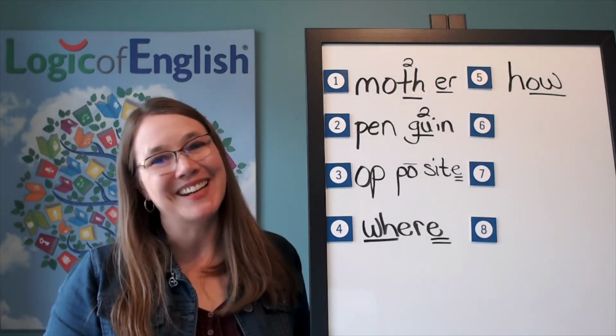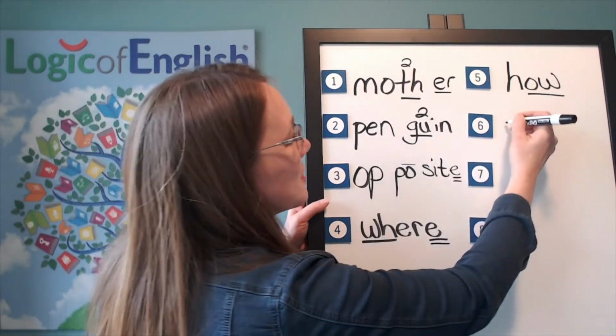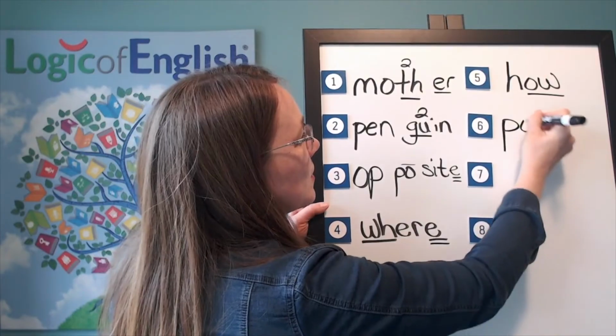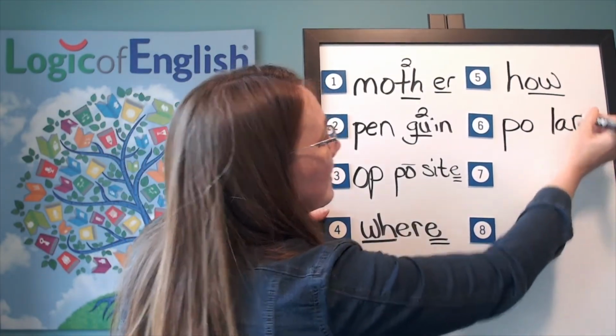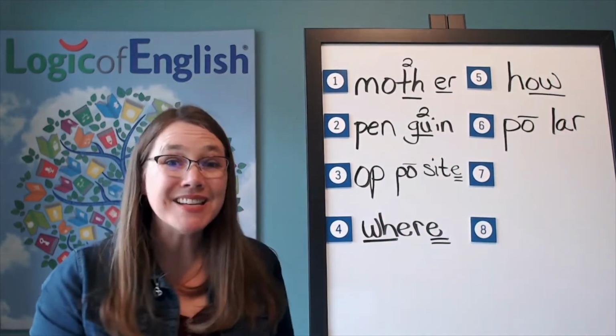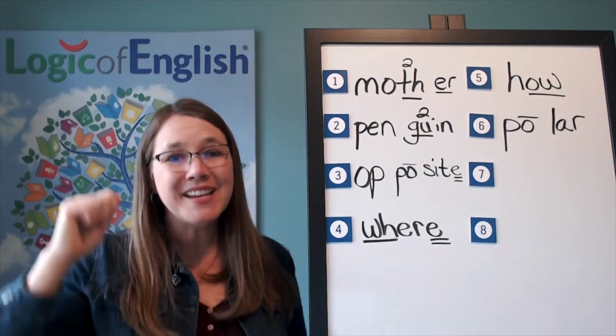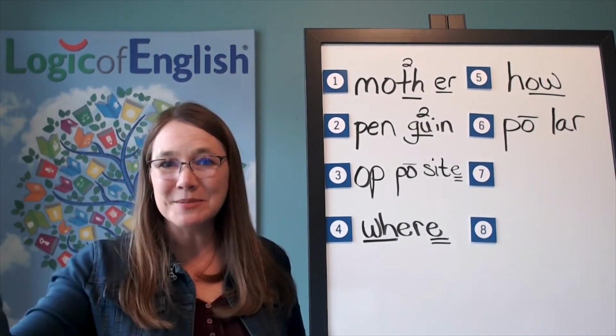Good job sounding it out. Now help me to write it. First syllable is po. P-o. Second syllable is lar. L-r. How will we mark it? We'll put a line over the O. Why did the O say its long sound? A, E, O, U usually say their long sounds at the end of the syllable.